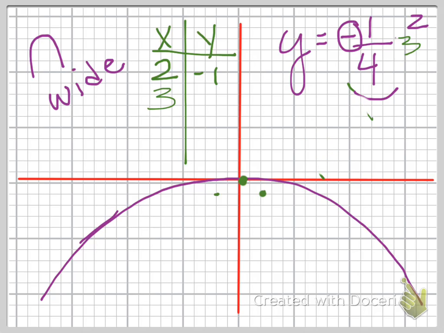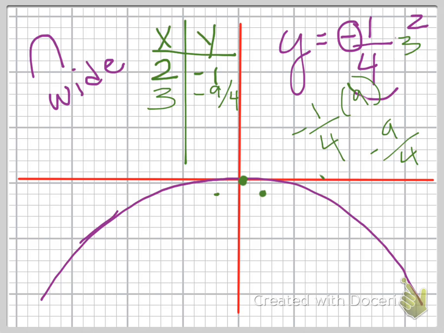Let me just not completely confuse everybody. I've already done a good job with that. Negative 1/4 times 9 is going to be a negative 9/4, which you've got to be able to do in your head. That's 2 1/4. Now, I don't really want to graph that. That was great information, but it's not working for me.